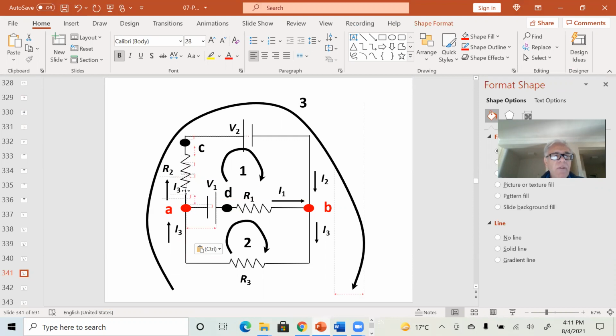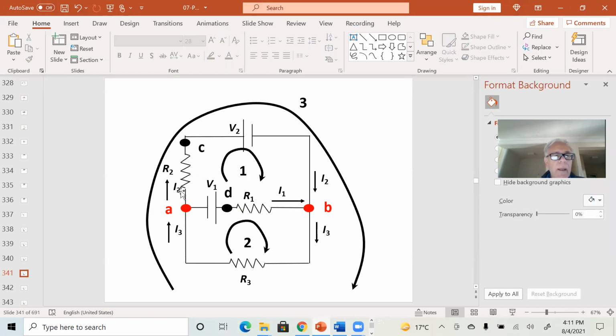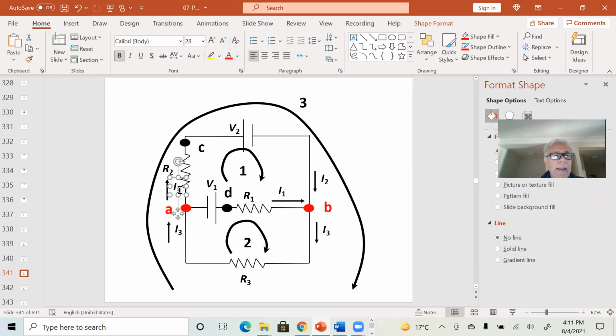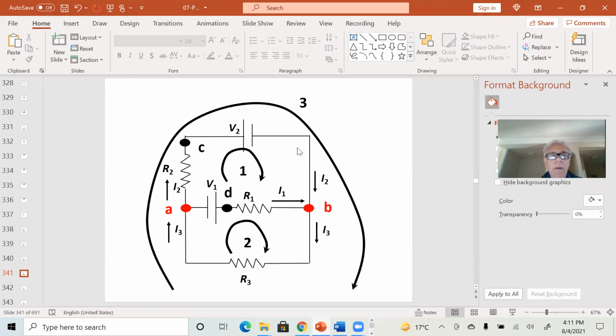Again, visualize those things just like the flow of cars, where the cars are the electric charges moving in a circuit like that. I2 here must be moving in this direction. I1 here must be moving from the left to the right. I3 is getting to this point and splitting into I2 and I1.